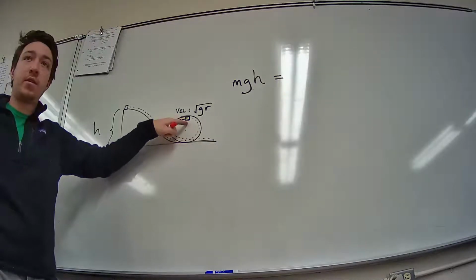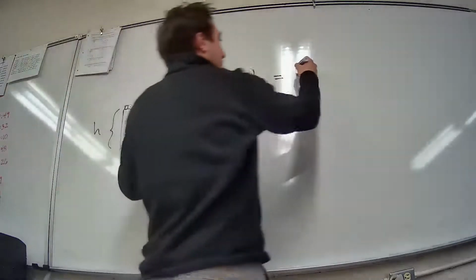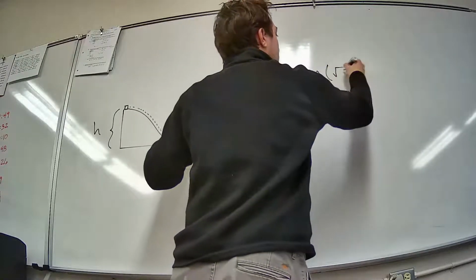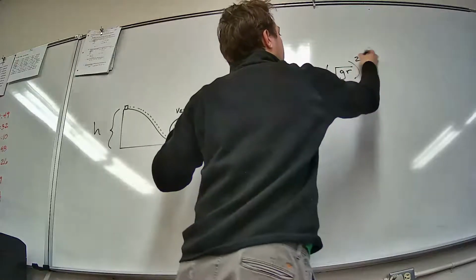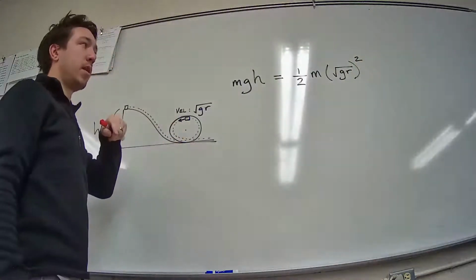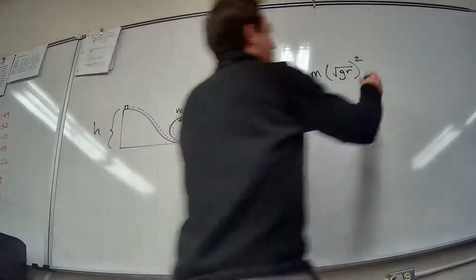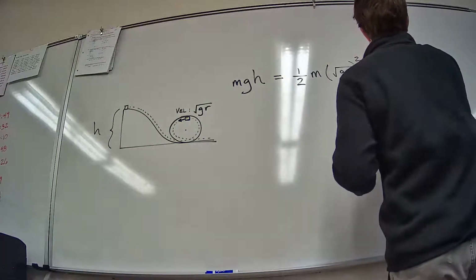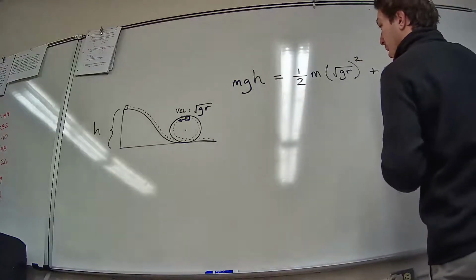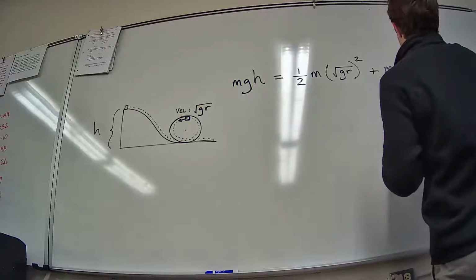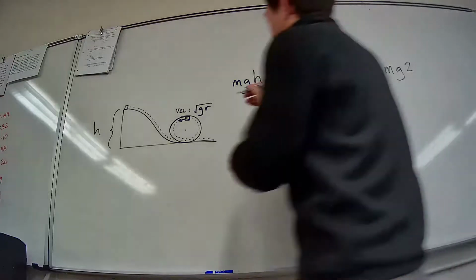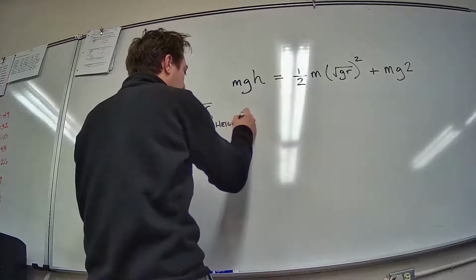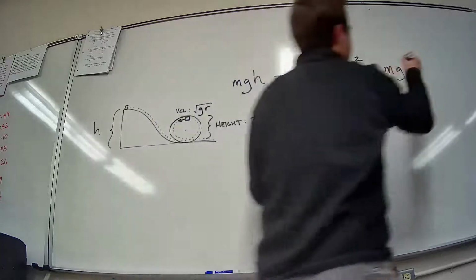So let's write his energy here. His energy here would be 1/2 m v squared, right? Plus mgh. And h, of course, its height is 2r, double the radius of the loop.